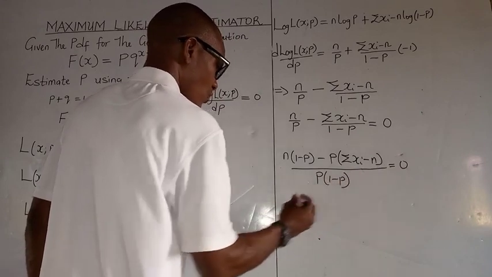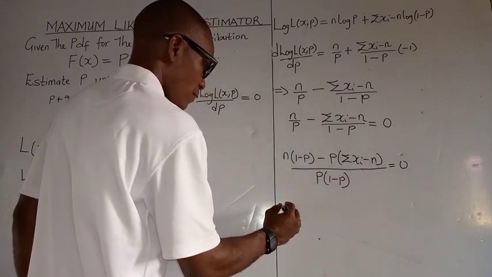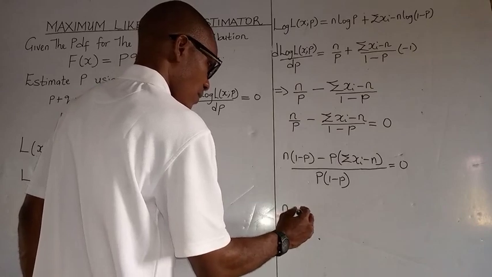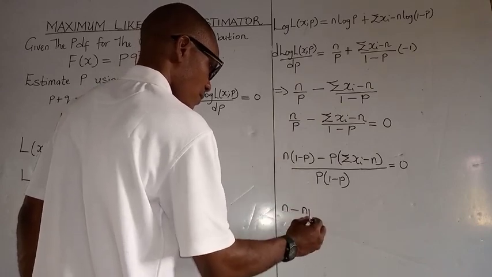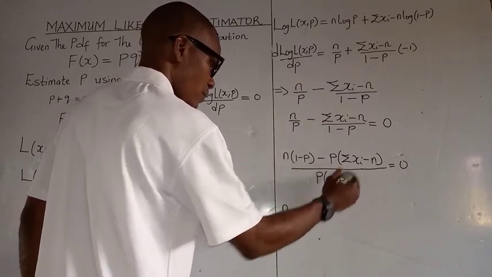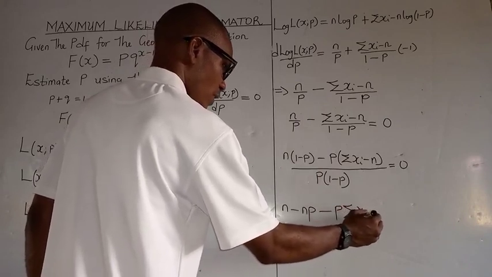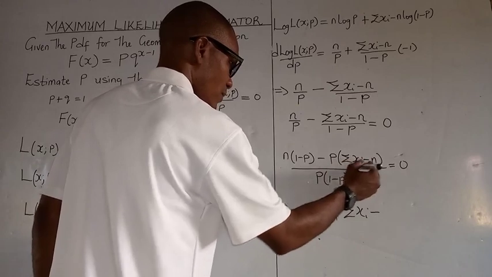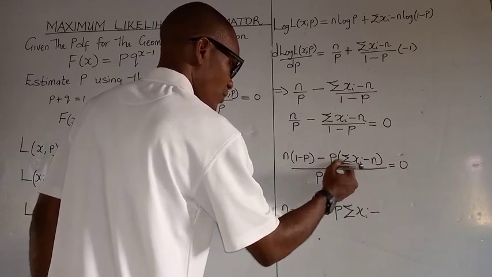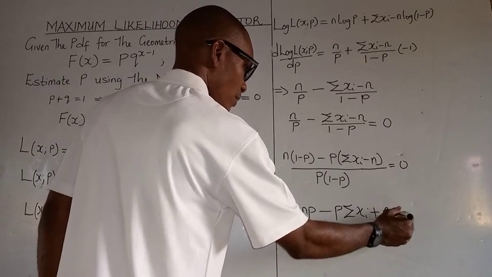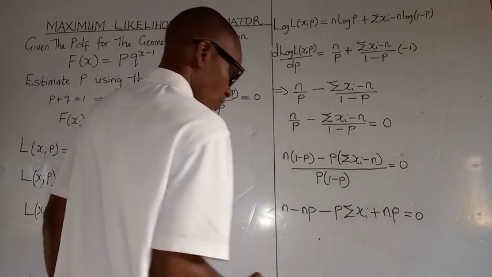Expanding, we have n minus nP minus P summation of xi plus nP equal to 0.